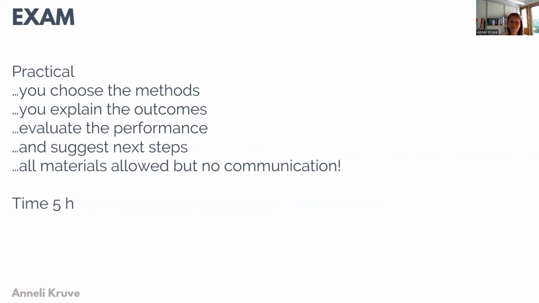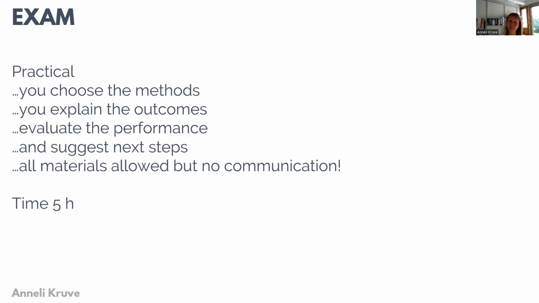And finally, at the end of the course, we have the exam for the third part. In the exam, we have a practical task. You're given one task where you have to choose the method. You have to choose if it's regression, classification, clustering, what is that task? You have to implement this, explain the outcomes, evaluate, and suggest next steps, so give a kind of future perspective as well.